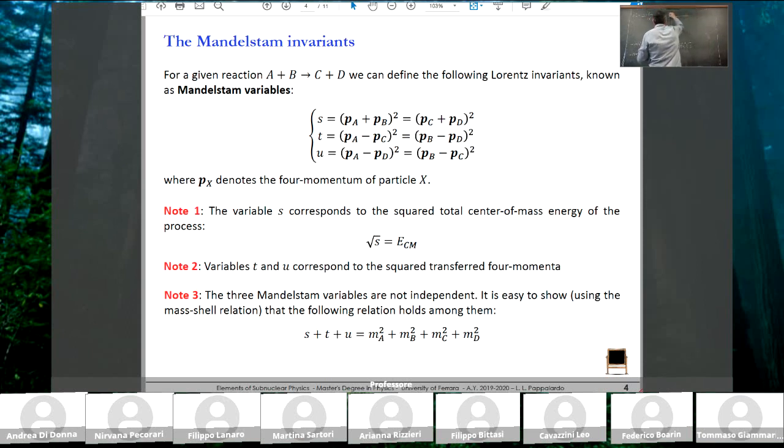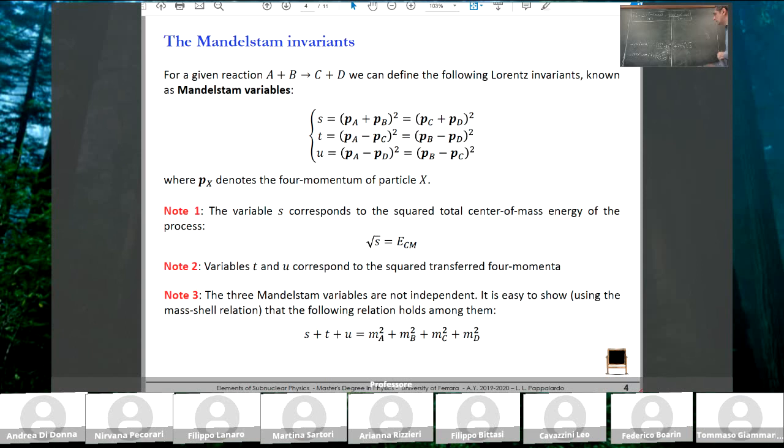So this we can also write as m_A squared plus m_B squared minus m_C squared over twice m_A. So we can now express the center of mass energy of particle B in terms of the masses of the mother particle and the decay products in this simple way.